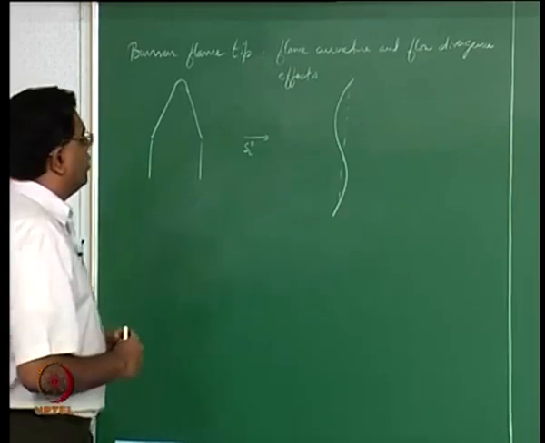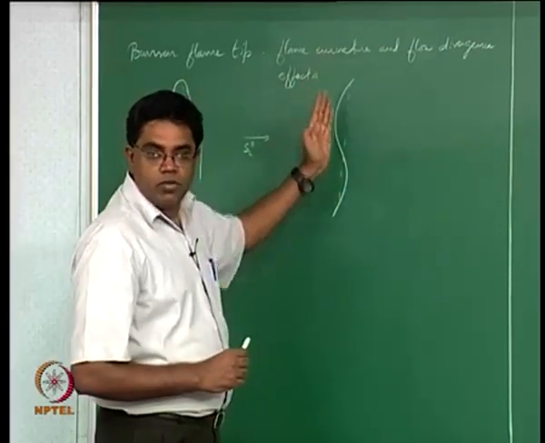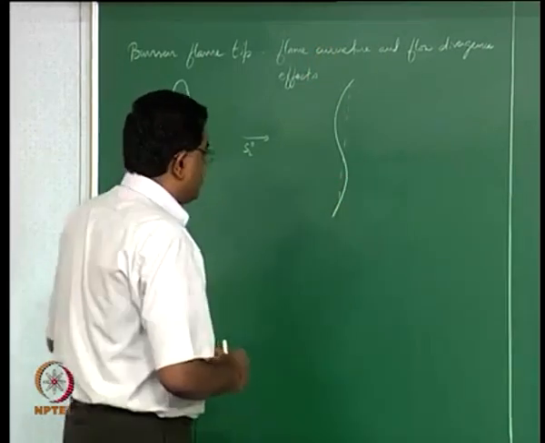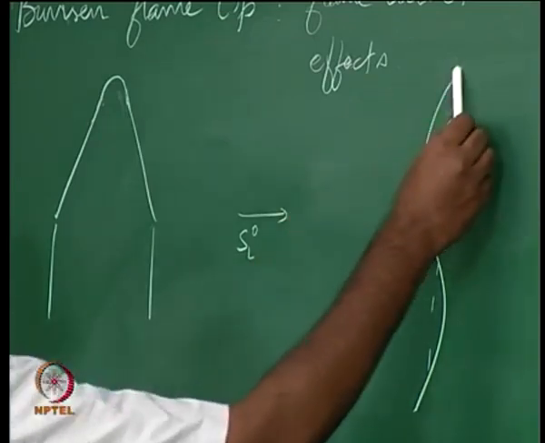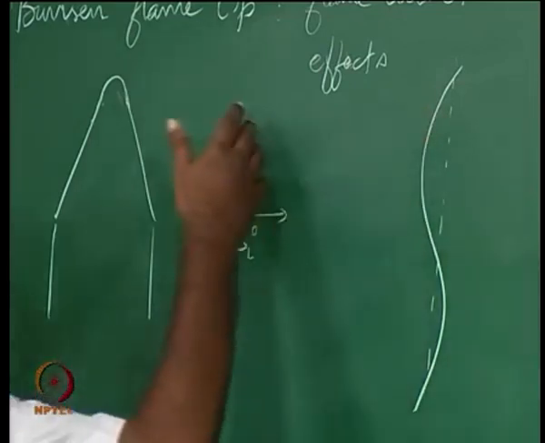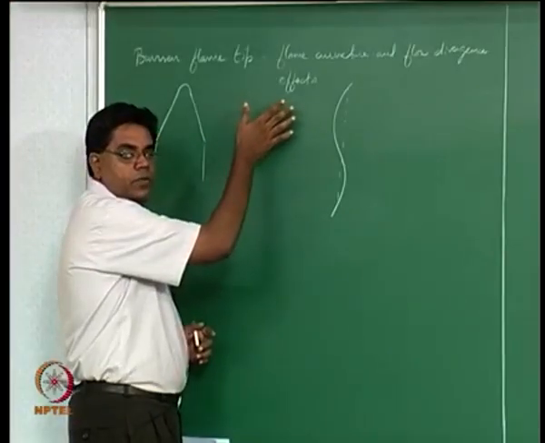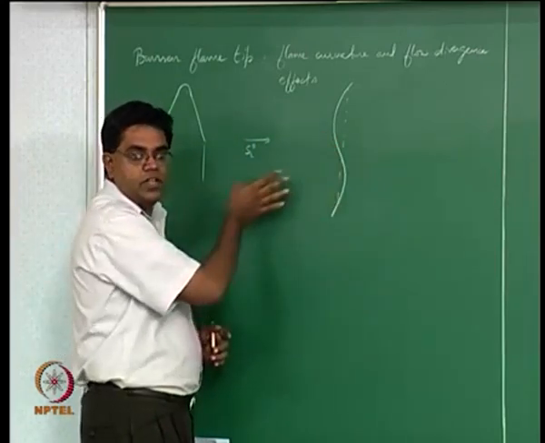Then let us think about what happens when you perturb the flame about this point. This particular picture shows a couple of things. One is you have one part of the flame that is curved convex against the incoming flow, and the other part of the flame is curved concave relative to the incoming flow.